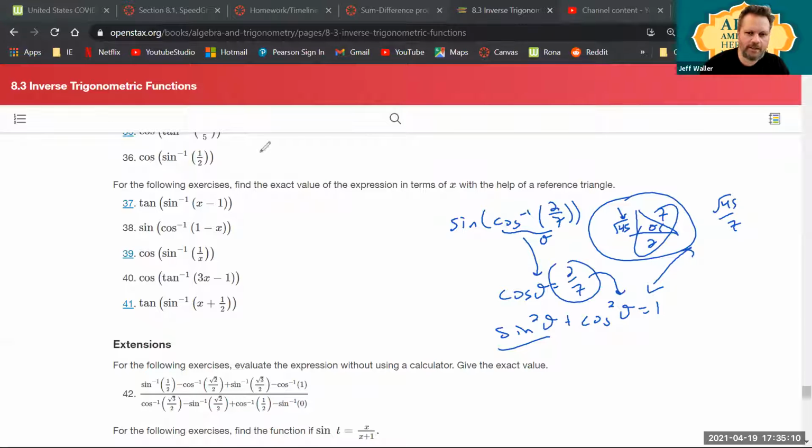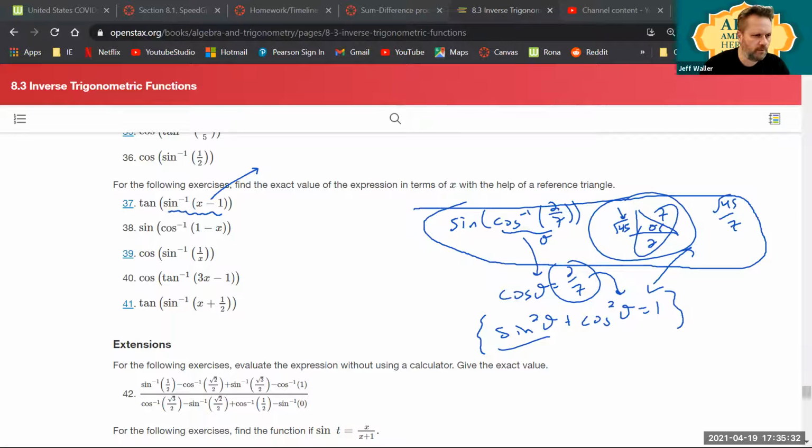No. I mean, it's really nice to know. You should know how to set up the triangle based on the inverse, because there's broader applications of that. But there's good stuff to get from trig identities, but we're going to get a lot of practice with trig identities soon anyway. So I sort of would lean to this first method. But to be honest, both methods are fine. Okay. Thank you.